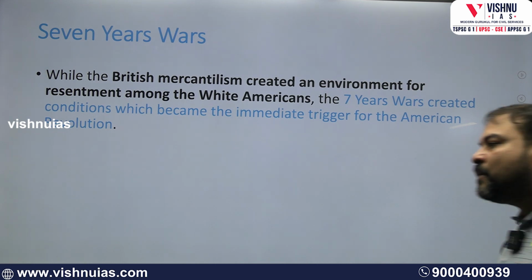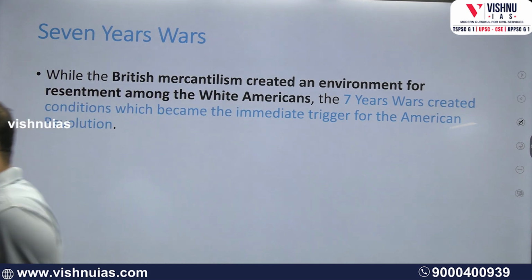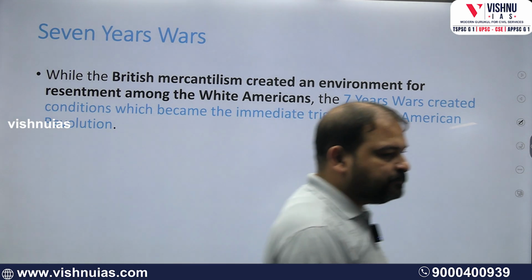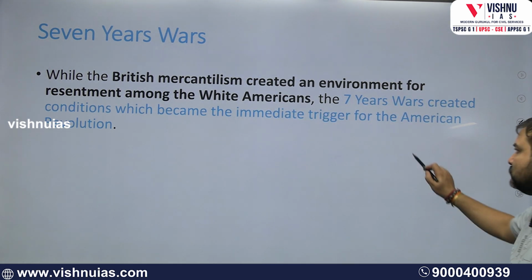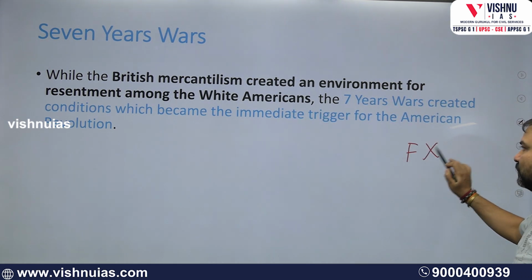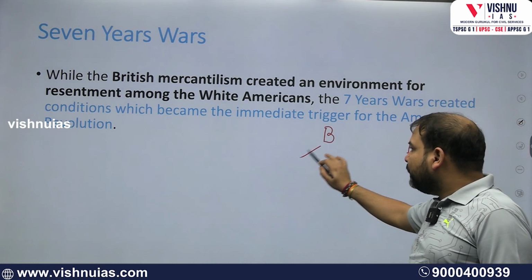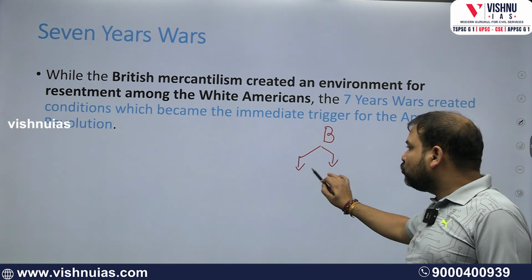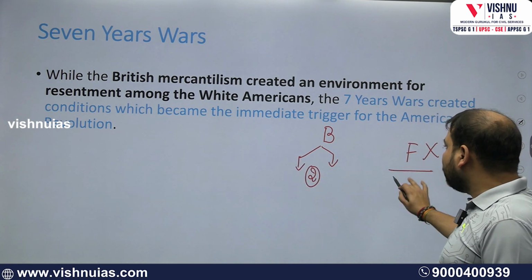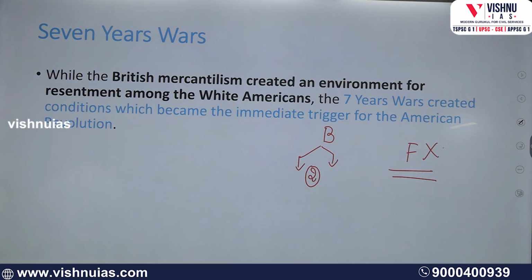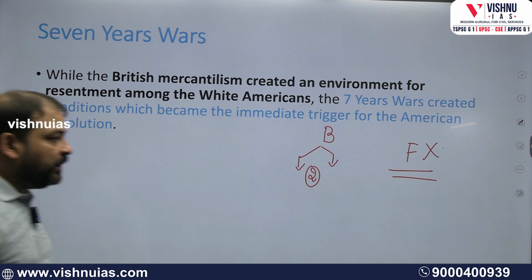Now everyone, 7-year war happened, done, dusted. Who won? Britain. France was removed. Now guys, Britain had two challenges now. After France has been removed from this area, there are two challenges. One you all can understand, money.